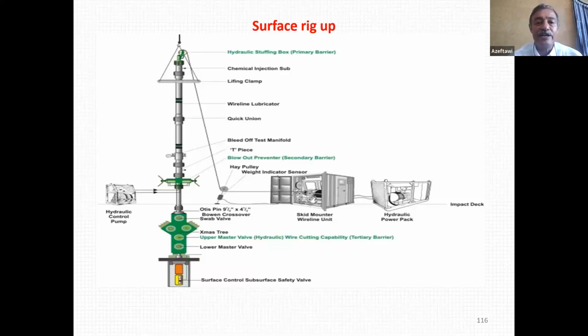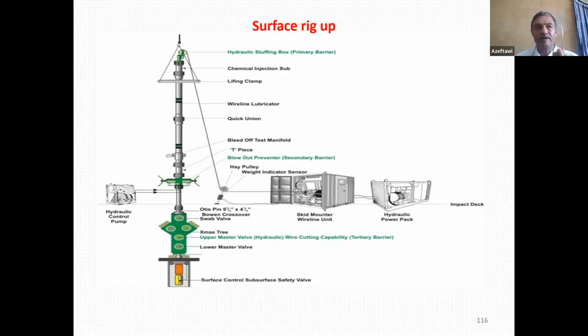See the marks in green? Where is our primary barrier? It is the stuffing box on top. This is our primary barrier because while running in the hole, this is the wire, this is the slick line.